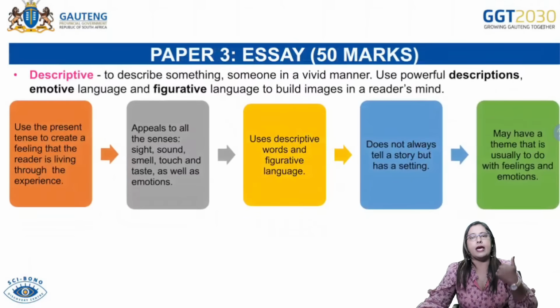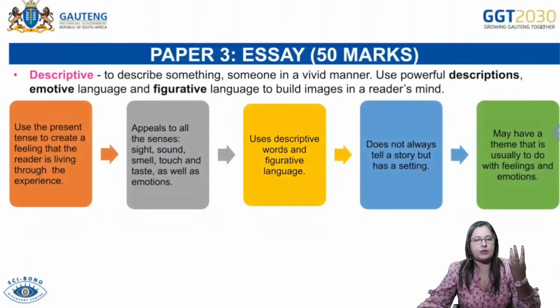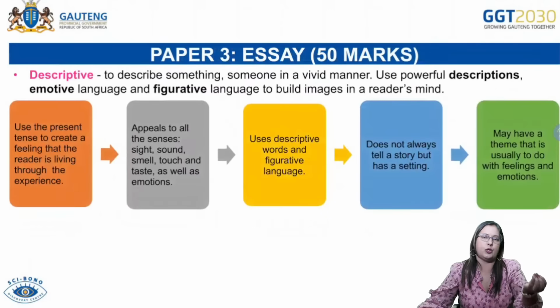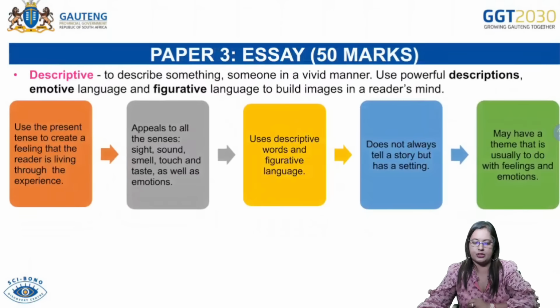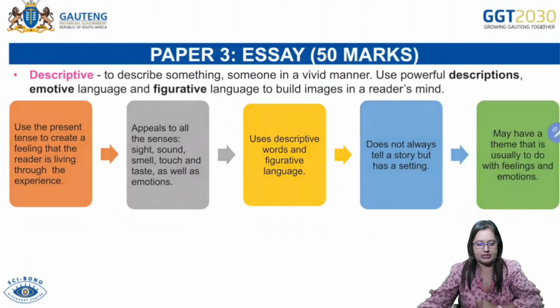Then when you're doing all of this, grade 12s, remember the descriptions I told you about. Descriptive words need to be used. Figurative language needs to be used. Make sure there's a main idea, a theme, or a lesson that you are trying to portray to the reader, and that will affect the reader's emotions, obviously.